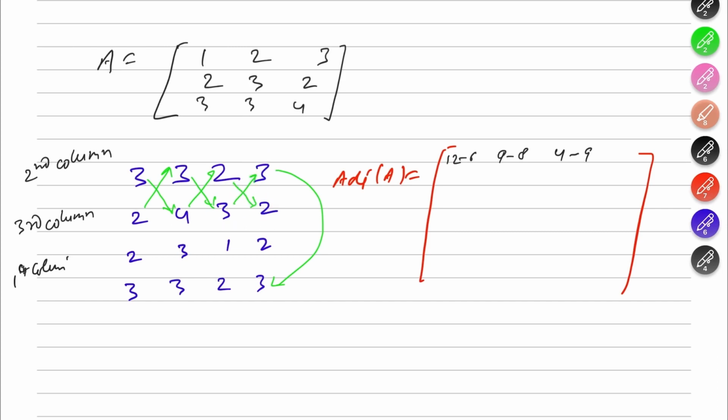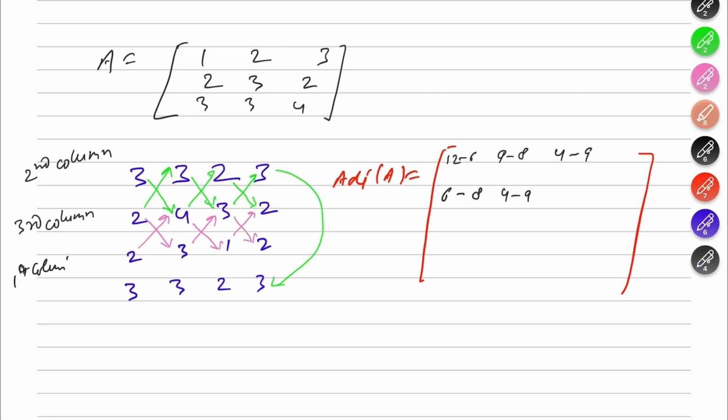Then we repeat again with this one. 2 3 are 6 minus 8. So 3 2 are 6 minus 8. And same here, 4 1 are 4 minus 9. And this is 3 2 are 6 minus 2.